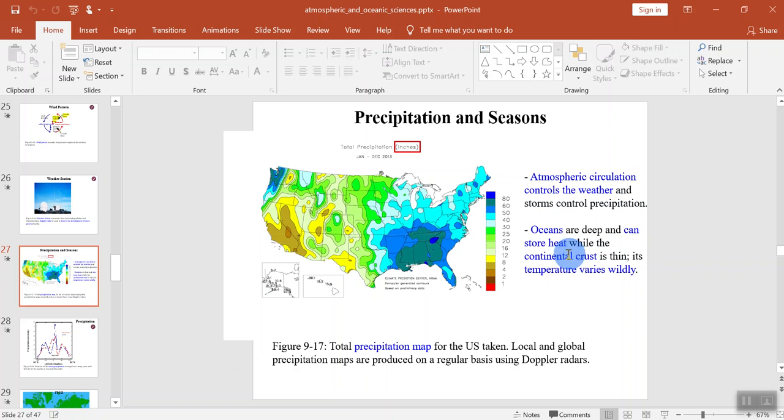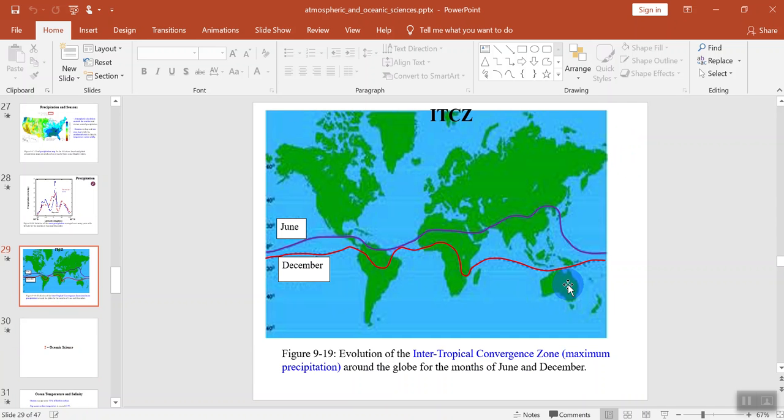Oceans are deep and can store heat, while continental crust is thin. Its temperature varies widely. Big difference between day and night and so on, while the ocean is very, very stable. Temperature doesn't change much. This is the intertropical convergence zone. It's a line along the equator where there's maximum rain.